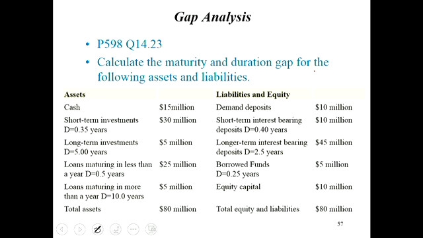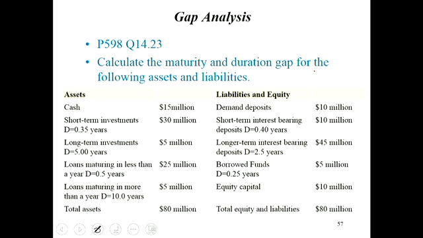So we've done the calculation there, and now what we've got to do is actually get the duration gap. Remember, the formula: duration gap is the duration of the assets minus the market value of the liabilities over the market value of the assets times the duration of the liabilities.